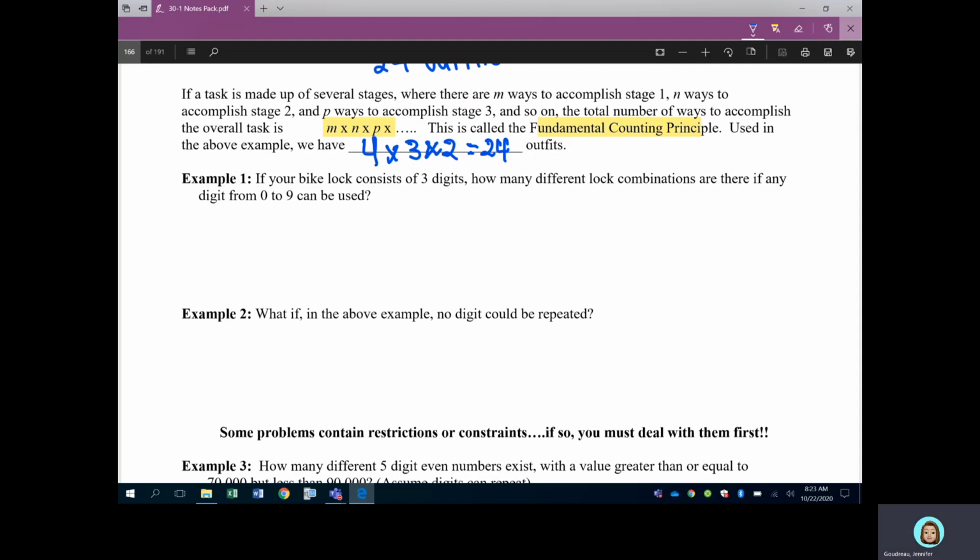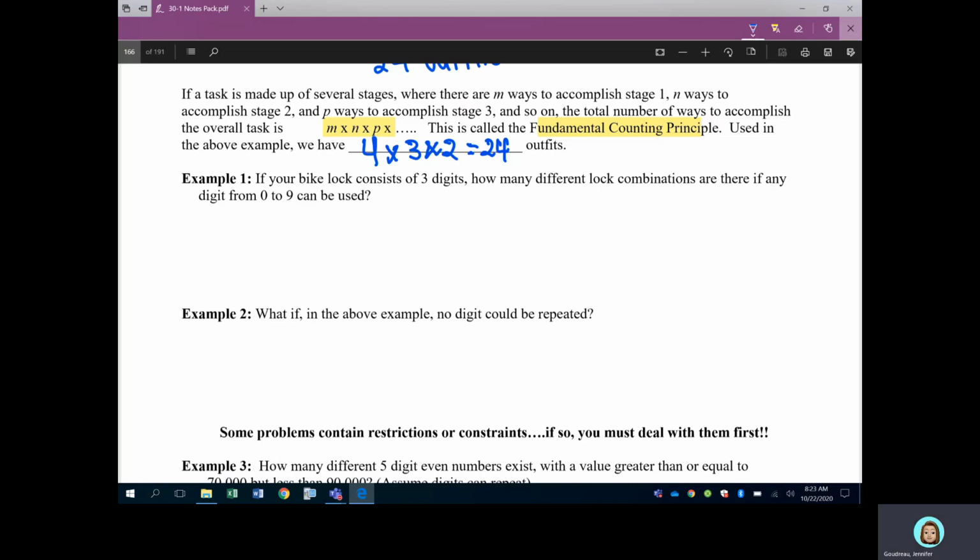So that's a much shorter, easier way of calculating the number of outfits without having to draw out the whole thing. We can use that in other examples that are also using the fundamental counting principle. They're going to be a bit different than the outfit question that we asked, but we're going to set it up in a similar way.